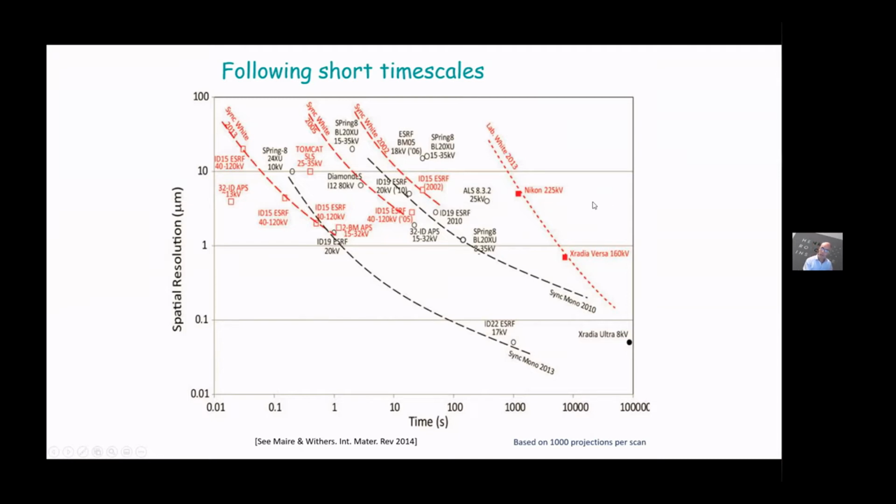These curves are moving towards the bottom left corner as we get better sources, and as we get better detectors, and as we get better reconstruction algorithms, so we can deal with more noisy data. But the simple message is, if you want to get high resolution at short time scales, then you need to use a synchrotron with the higher flux that a synchrotron, a large-scale facility, provides.